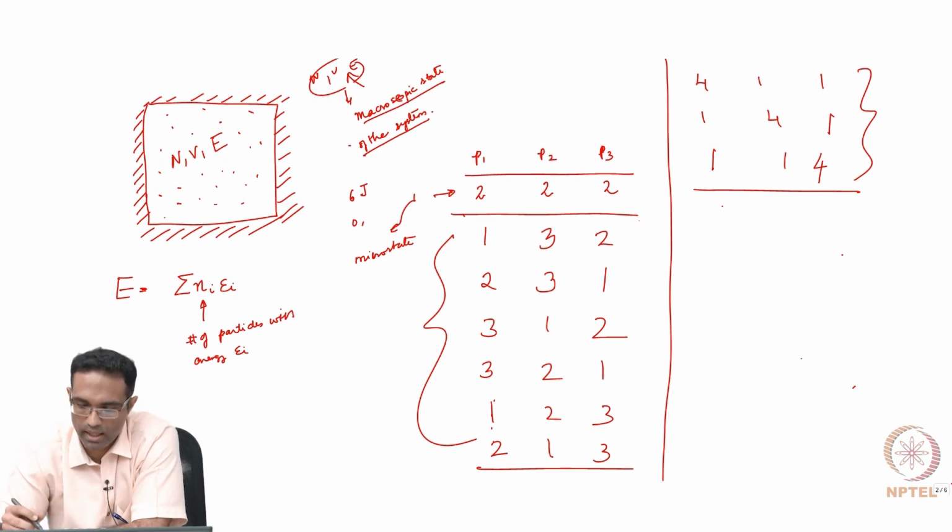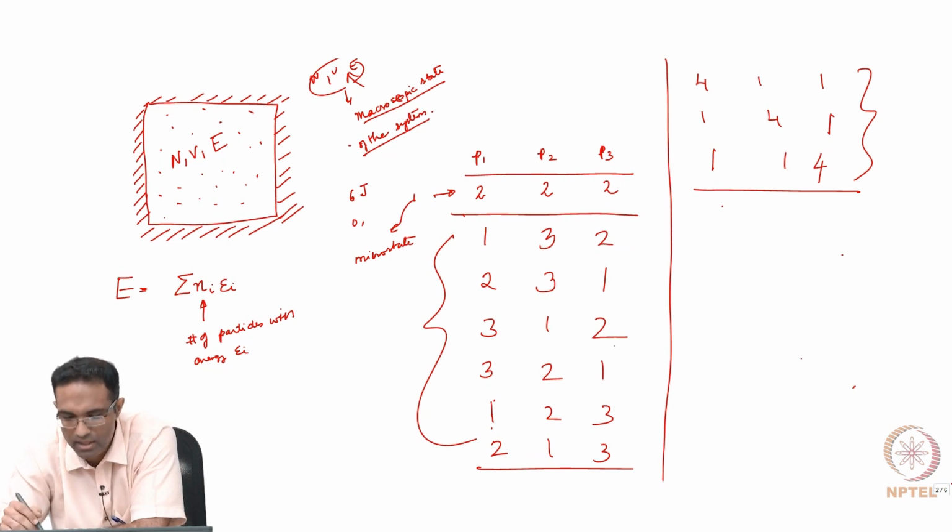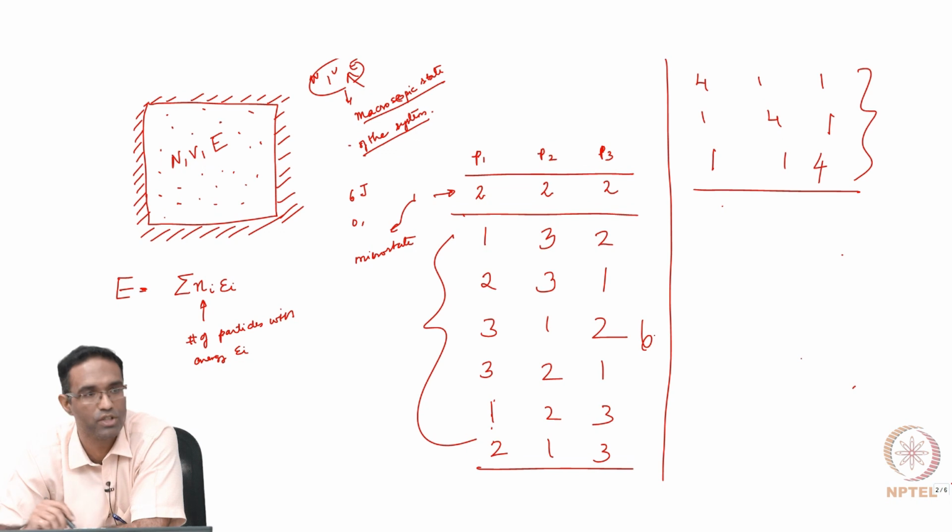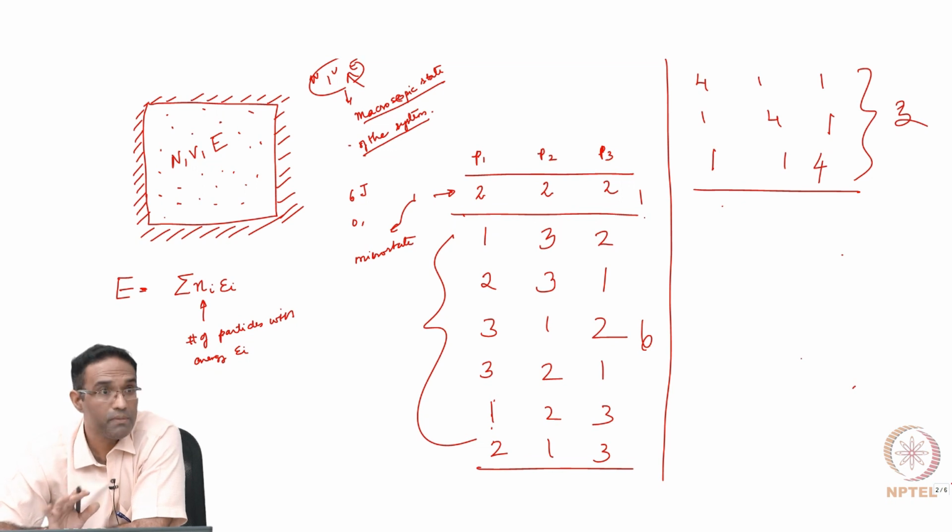It is very clear that there was one particular state which had the maximum possible number of ways of achieving it. For example, this 1, 3, 2 combination, you had 1, 2, 3, 4, 5, 6 ways of achieving that, whereas only 3 ways of achieving this and only 1 way of achieving this, right?